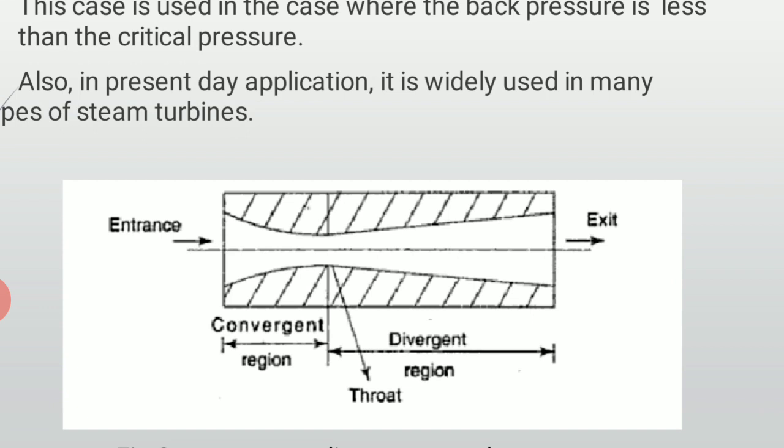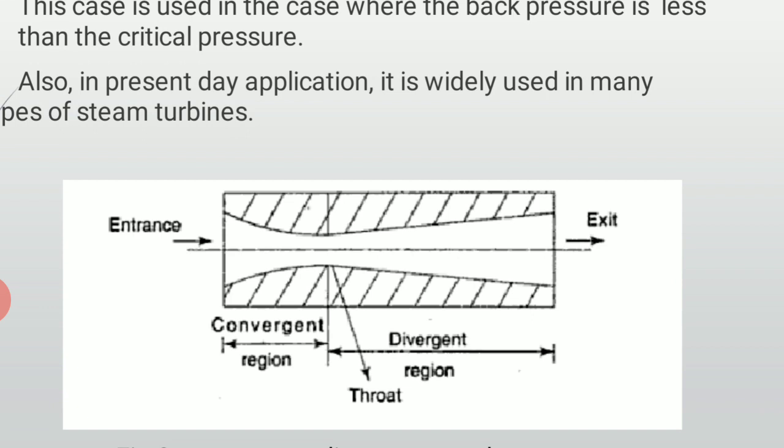We are going to find the velocity at the exit of the nozzle. You have already studied this in fluid mechanics: the exit velocity V2 is equal to 44.72 root of h, as you write it. For 3 or 4 marks he may ask this derivation.